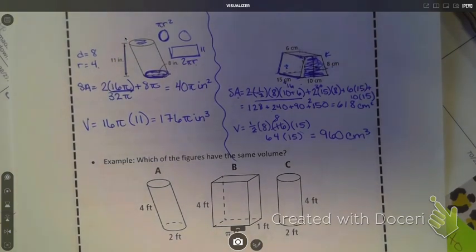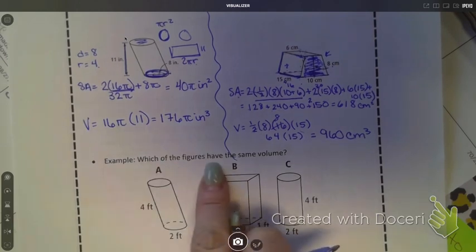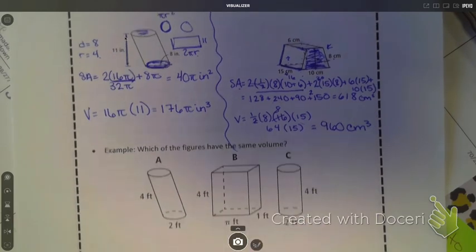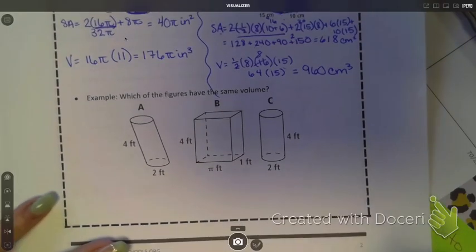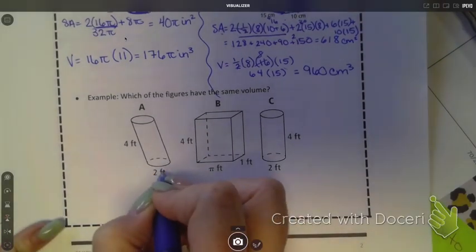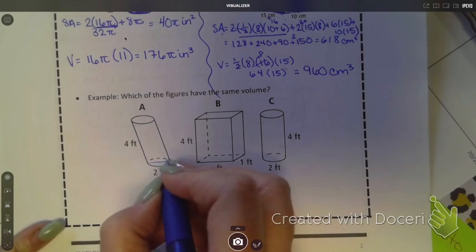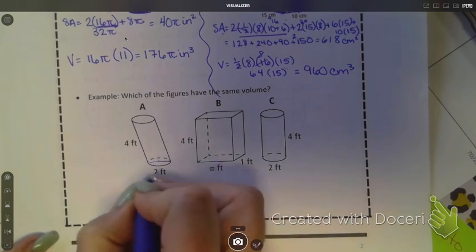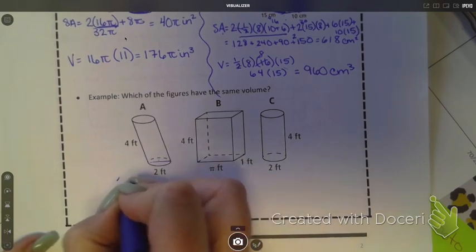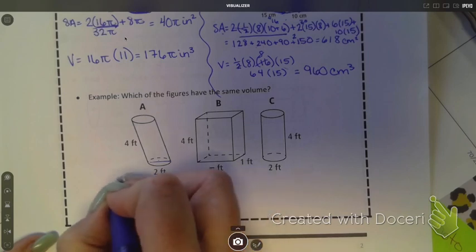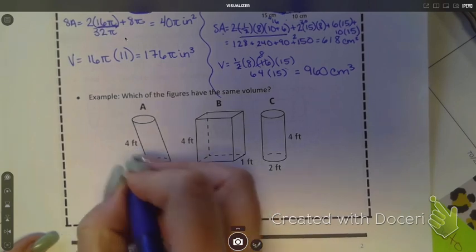Maybe it'll stick someday. Okay, so I have 3 shapes. Which one of these figures has the same volume? Well, let's see. So this is 2 across from here. Half of 2 would be 1, right? So that would be pi times the height, which would be 4.